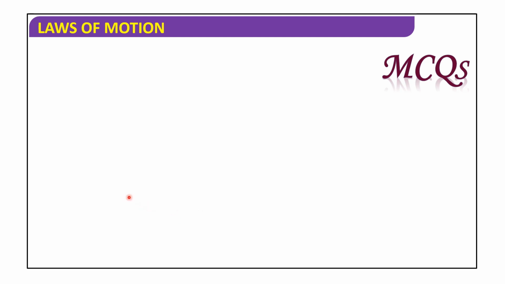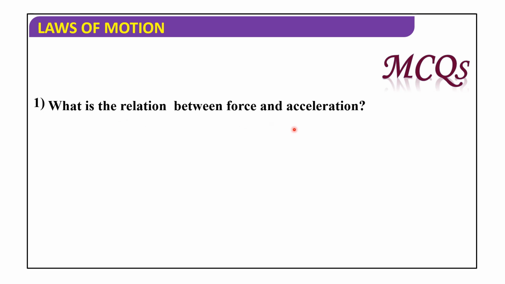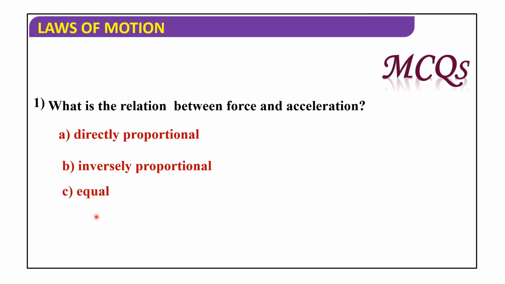Now I'll discuss MCQs. First one, what is the relation between force and acceleration? Directly proportional, inversely proportional, equal, none of these. So the relation between force and acceleration is directly proportional.